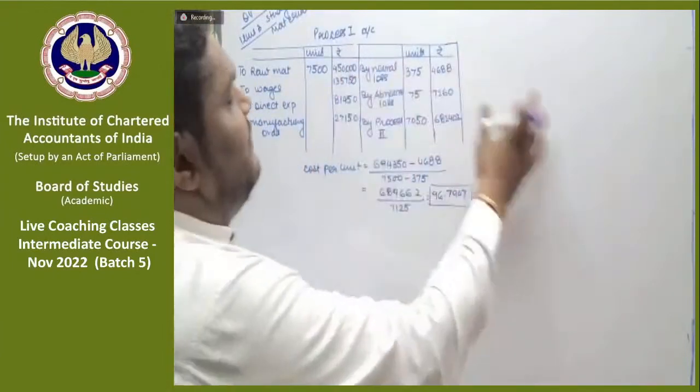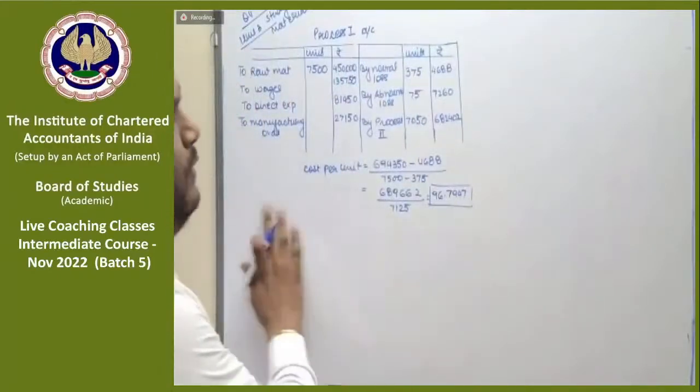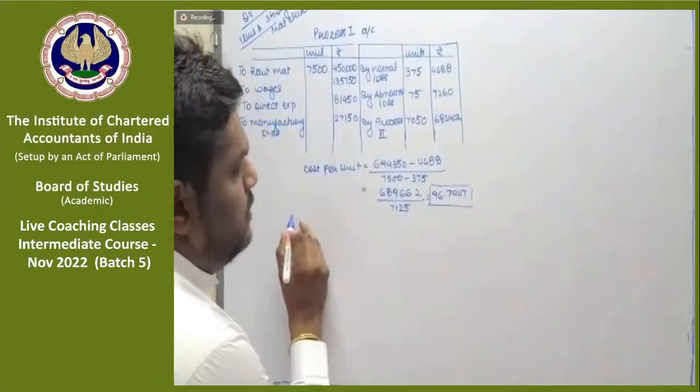This is how process first account is to be prepared. For your reference, I will be preparing abnormal loss account also.